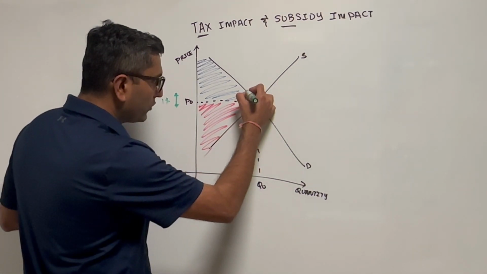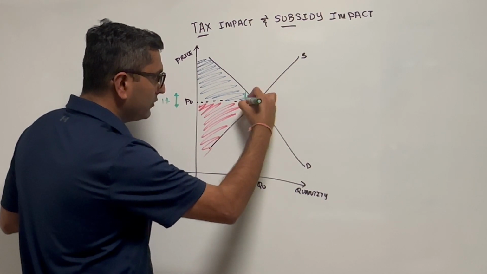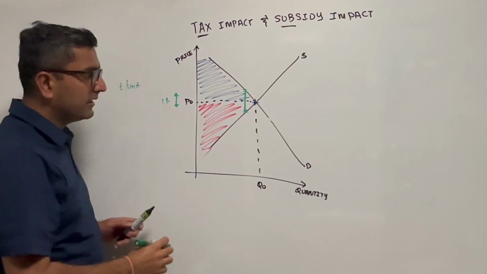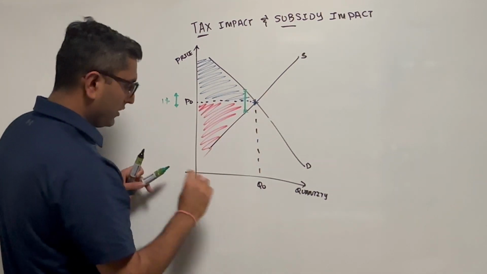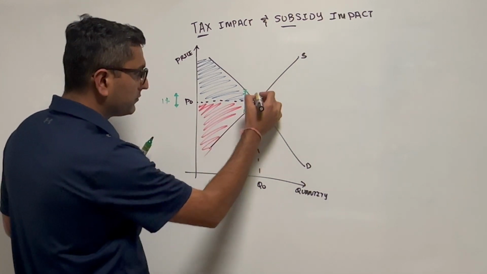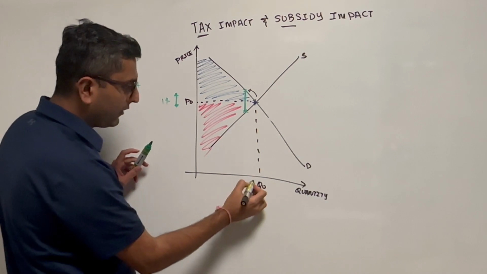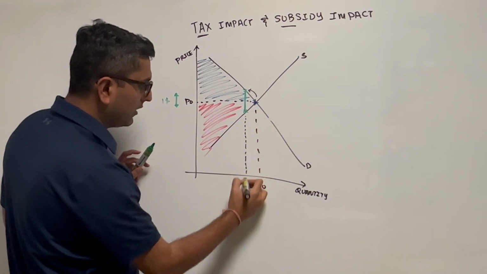So how would they do it? You would have to draw this $1, a vertical line that's exactly equal to $1, and you get this part. So this is that $1. So your P0 price went up, and your quantity also went down.